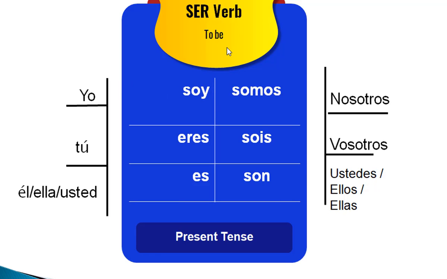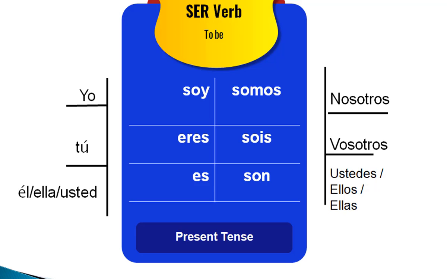So for the verb ser, which means to be, we have the conjugation. First conjugation is soy, which means am. If you want to say I am, I is yo, and soy is am. Yo soy, I am. Second one, eres. If you want to say you are in an informal way, tú eres.